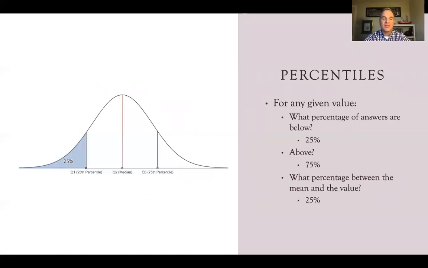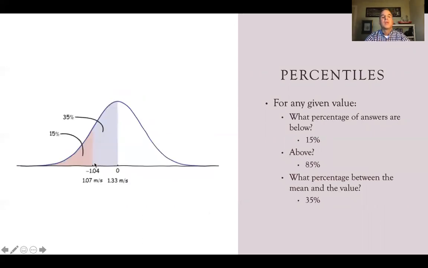So again, if we're looking at the 25th percentile, the percentage of answers below this is 25%. The percentage of answers above it is 75%; 75% of those answers are above that value that lies at the 25th percentile. And how many are between the mean and the value? Well, 75 minus 50 would be 25%.